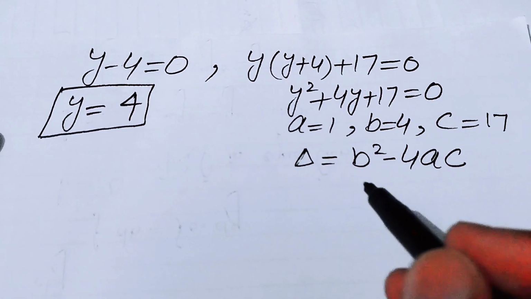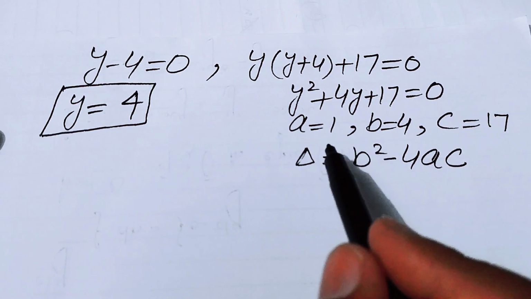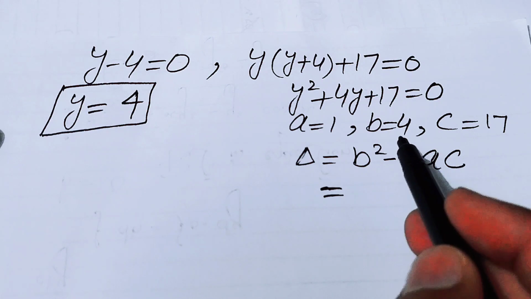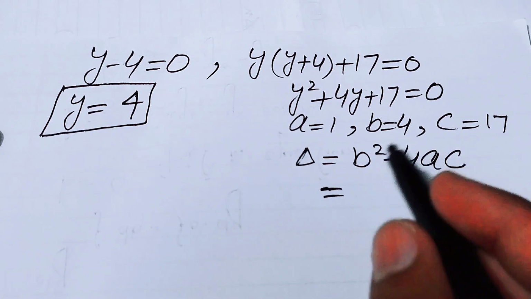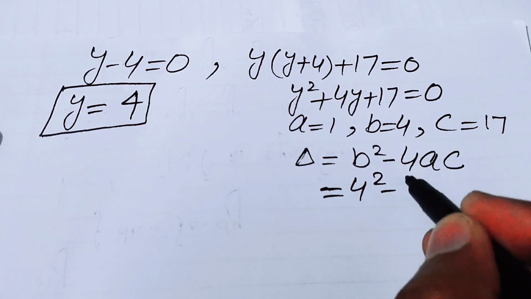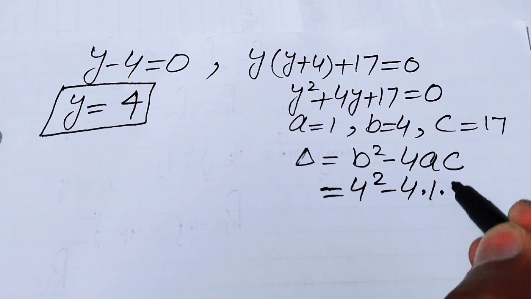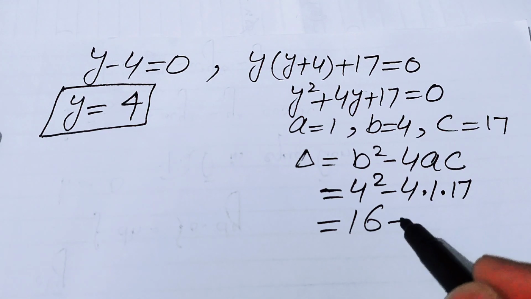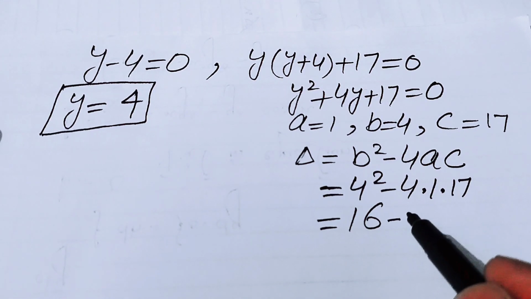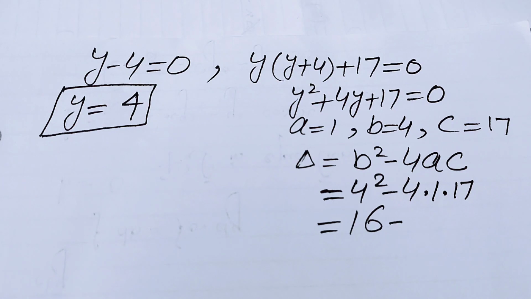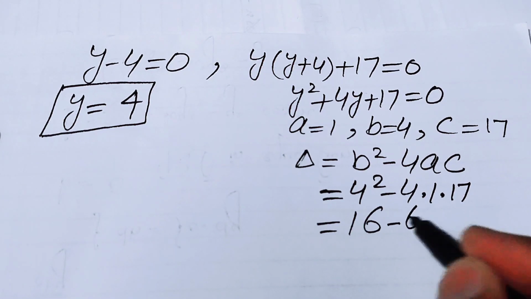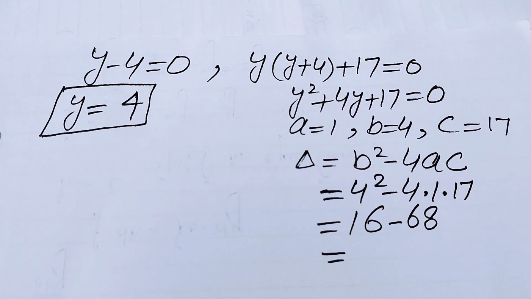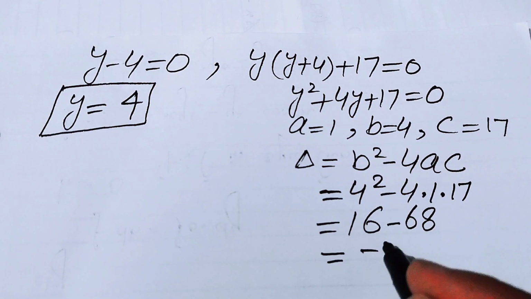Now you can put the values of a, b and c here. The value of b is 4, so I can write 4 squared minus 4 times 1 into 17. 4 squared is equal to 16, minus 4 times 17 is 68, and finally you have 16 minus 68 is equal to minus 52.